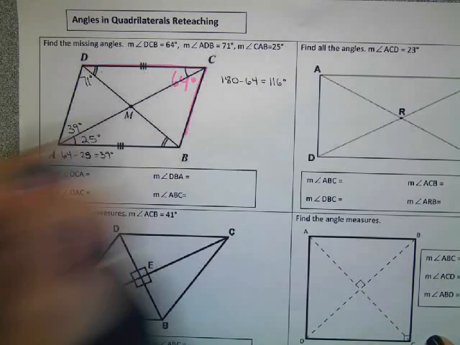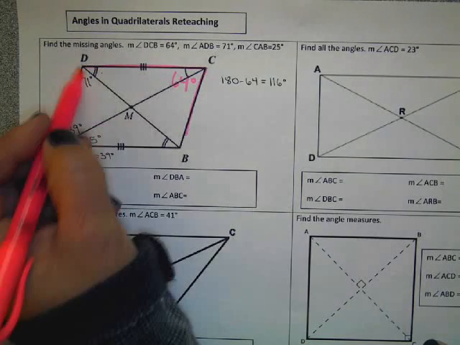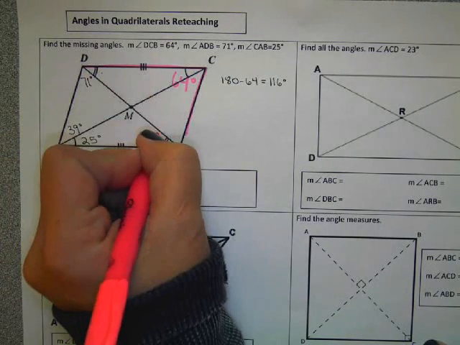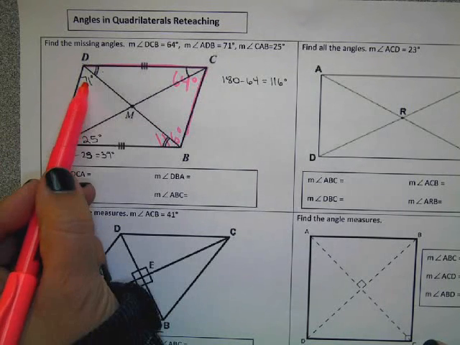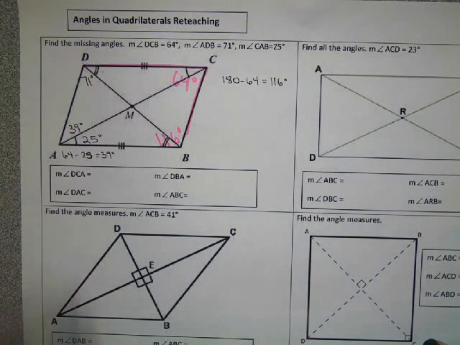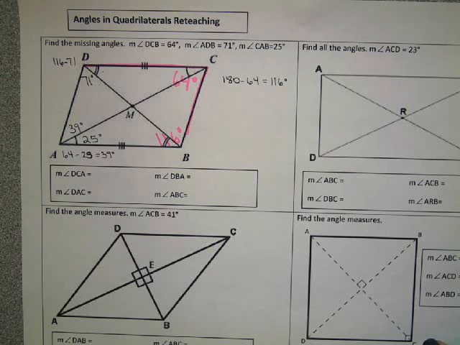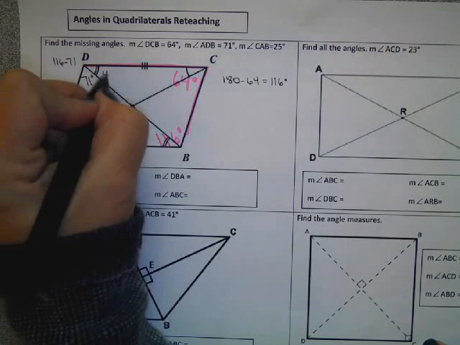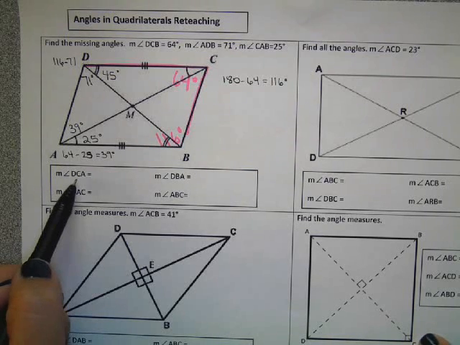This entire angle in the corner, and also here because it's opposite, is 116 degrees. Since we already have 71 degrees of it, 116 minus 71, 45 degrees.